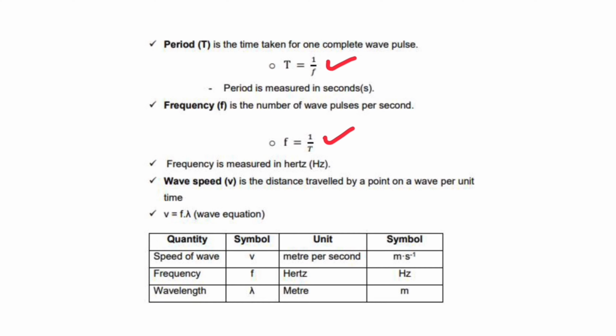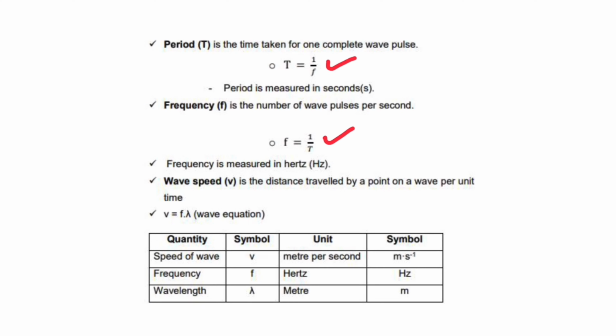So if you have the frequency, you can find the period. And if you have the period, you can find the frequency. The SI unit for frequency is hertz. And lastly, we have wave speed, denoted by v. It is the distance traveled by a point on a wave per unit time.